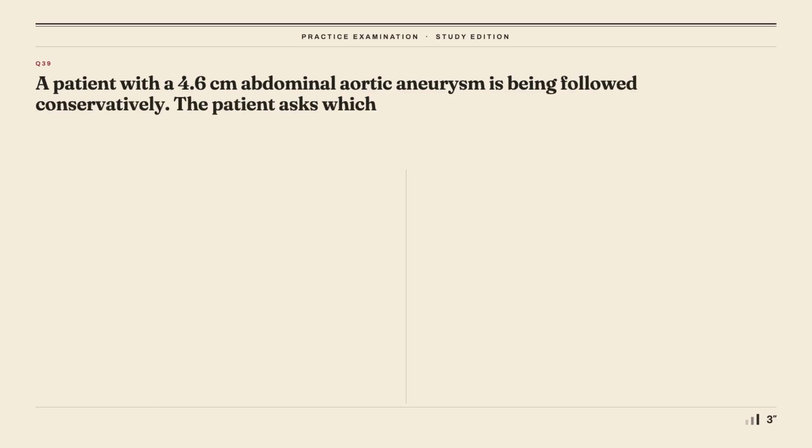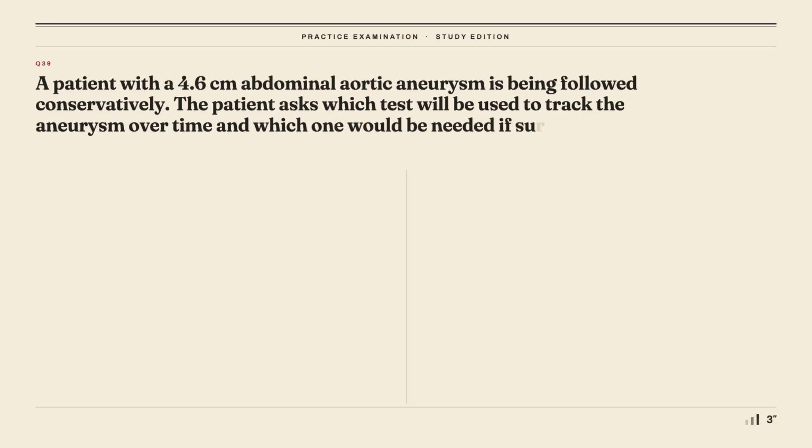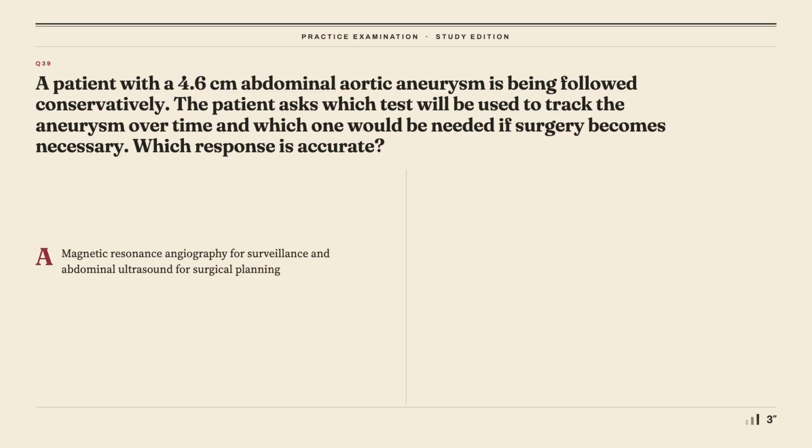Question 39. A patient with a 4.6 centimeter abdominal aortic aneurysm is being followed conservatively. The patient asks which test will be used to track the aneurysm over time and which one would be needed if surgery becomes necessary. Which response is accurate? Your options are: A. Magnetic resonance angiography for surveillance and abdominal ultrasound for surgical planning.